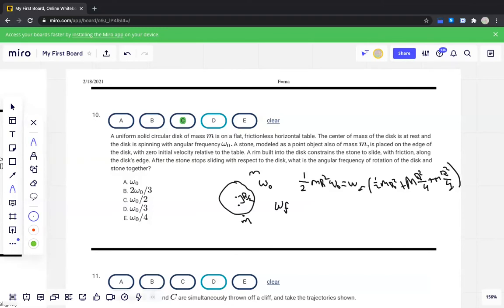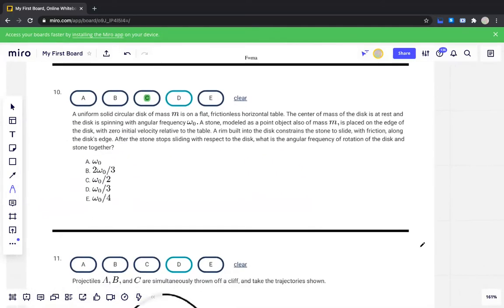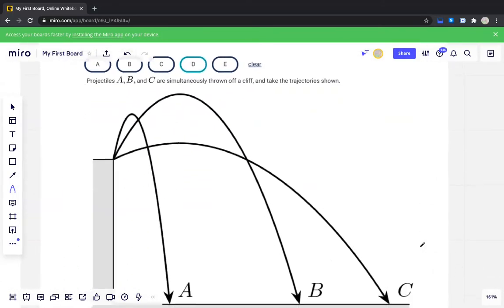And this thing inside the parentheses is the same thing as mr squared if we combine all the terms. And then we can cancel the mr squared on both sides. So we're left with the final angular frequency equal to omega naught over 2, or C. Okay, so moving on, let's go to problem 11.